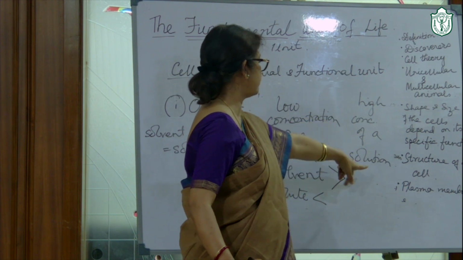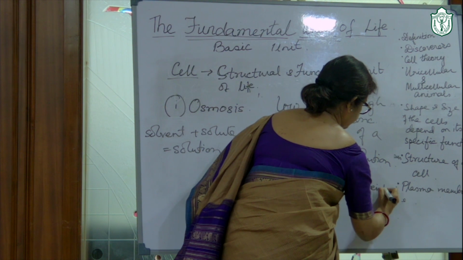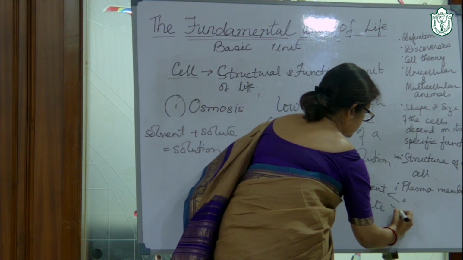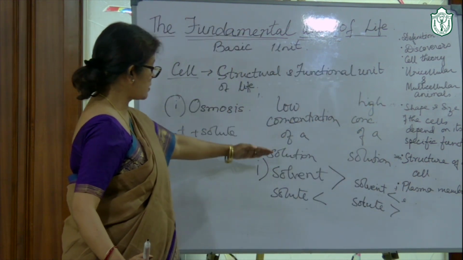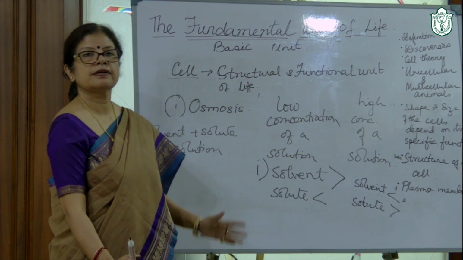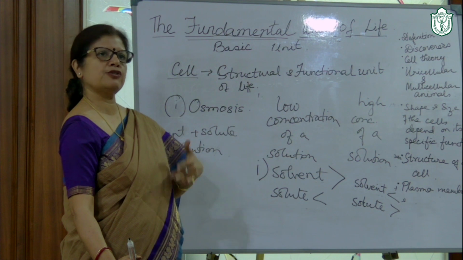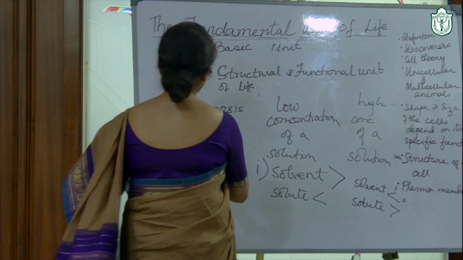High concentration of a solution means solvent is less and solute is more. So, it depends on the solvent and the solute. From a low concentrated solution to a high concentrated one. So, these two terms we need right now to explain osmosis.